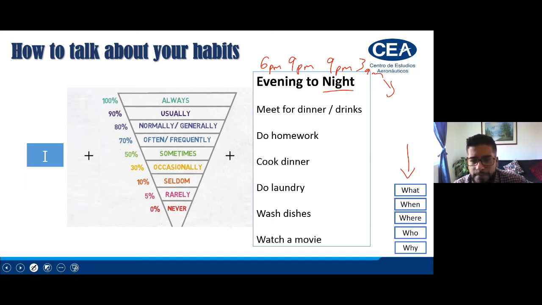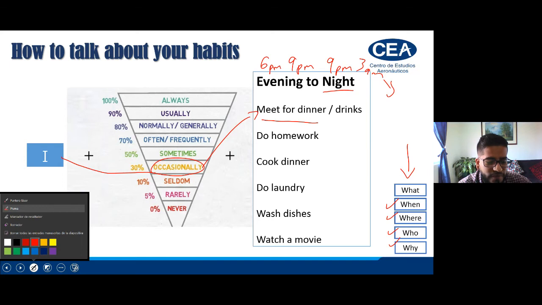So for example, in my case, meet for dinner, maybe it's not very common, so I occasionally meet for dinner with my friends at the restaurant in Chapinero neighborhood on Fridays, okay, on Fridays, because we like to talk about our jobs. It's just an example, okay? So this is one possibility.